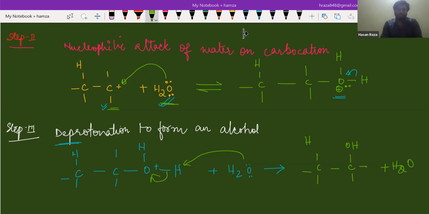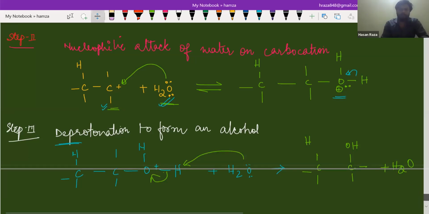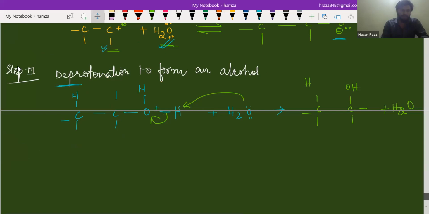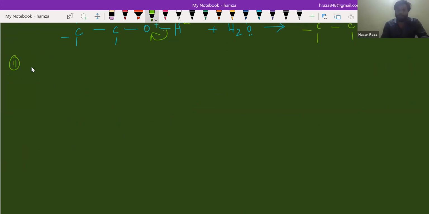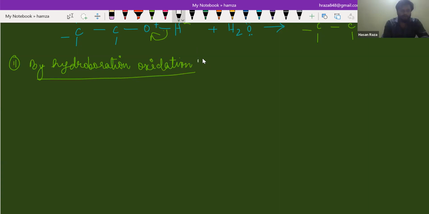Okay. So this was the first method to prepare alcohol from alkene. So the second method is also from alkene, and this method is known as hydroboration oxidation.